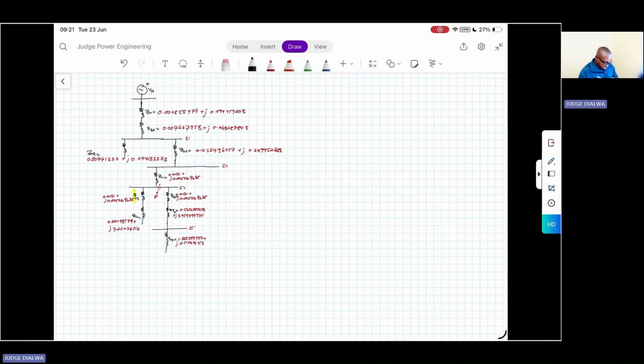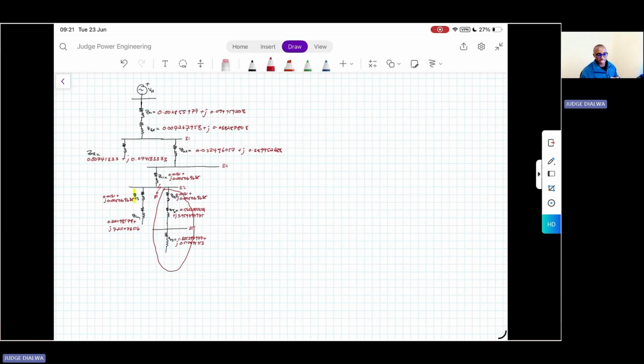Now, I want you to notice something. When you look at this network here, is there a voltage source between it and bus B3? No. So because of that, we will not include this in our analysis.